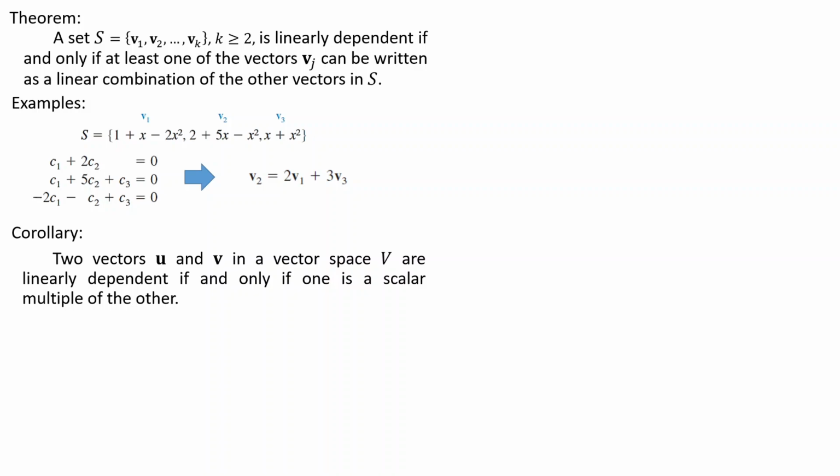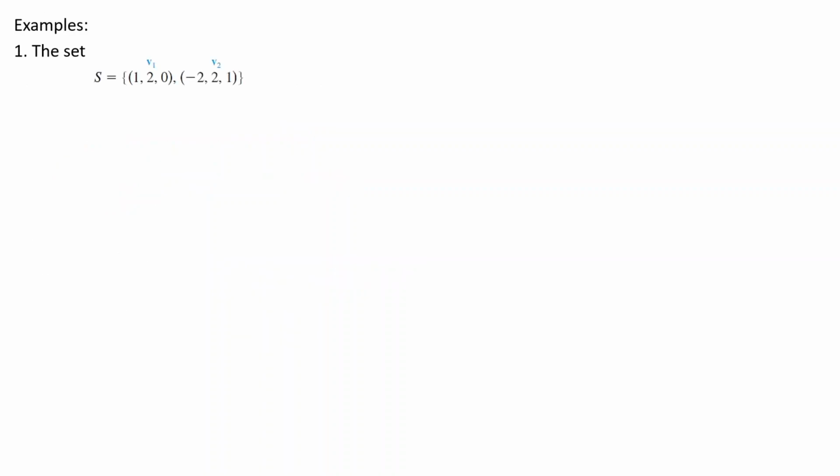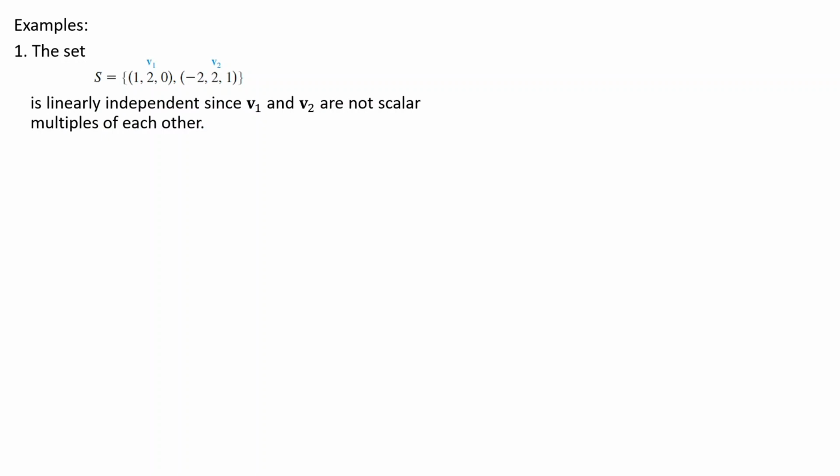For example, the set S is linearly independent since v sub 1 and v sub 2 are not scalar multiples of each other. You cannot find a scalar c that, when multiplied to v sub 1, will be equal to v sub 2 or vice versa. So we say that this is linearly independent.